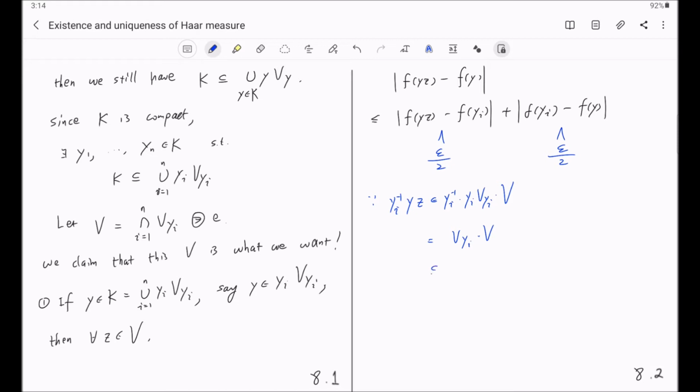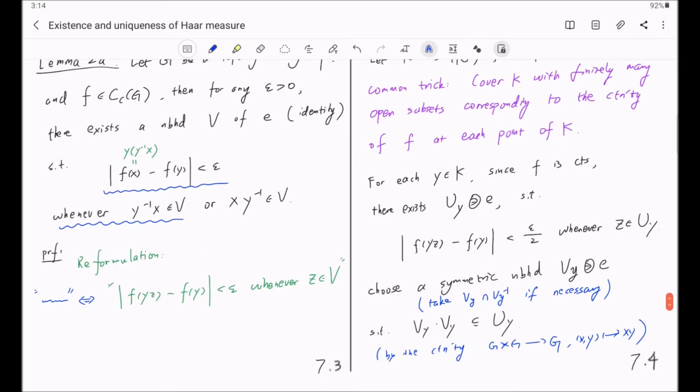So this is again contained in V sub yi times V sub yi, which in turn is contained in U sub yi. Because remember at the beginning we chose V sub y so that its product with itself is contained in U sub y.